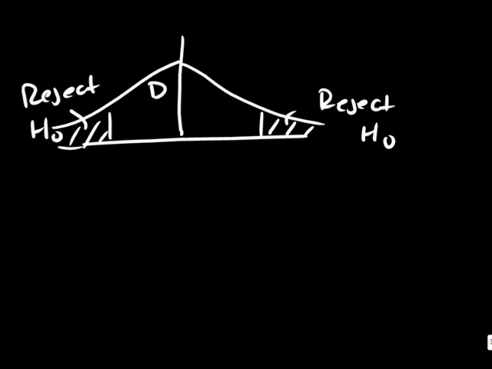Creating a two-tail decision rule for question 11, they tell us that alpha here is 5%. So we're going to have two critical values.